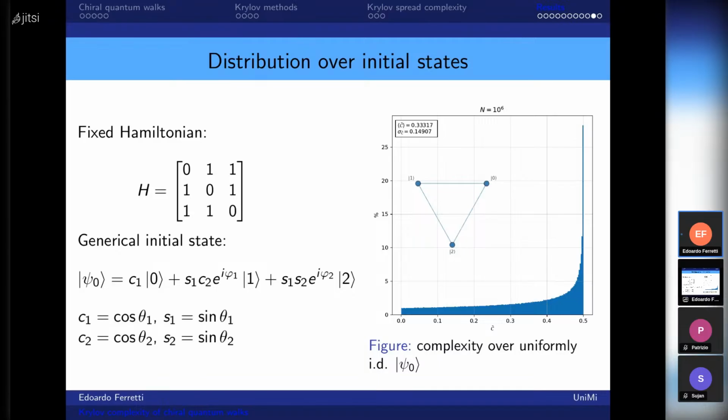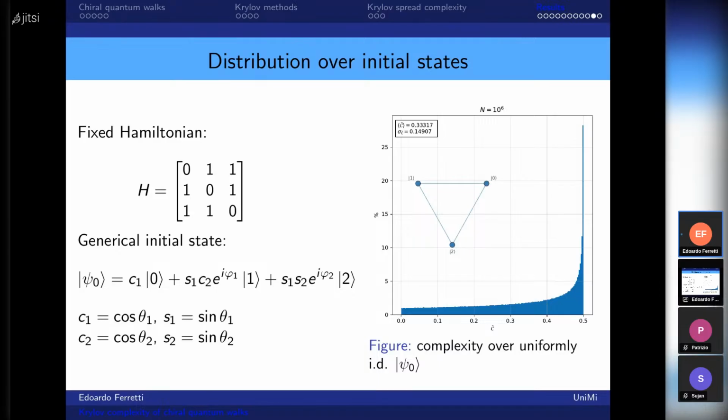You mean they are sampled according to the Haar measure? They actually are. This is particularly defined on the complex projective space of dimension 3, yes, it's a qutrit.